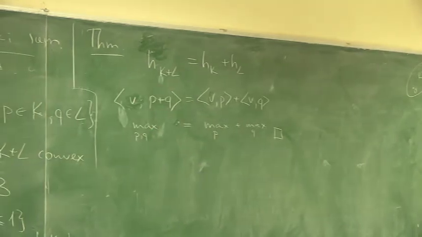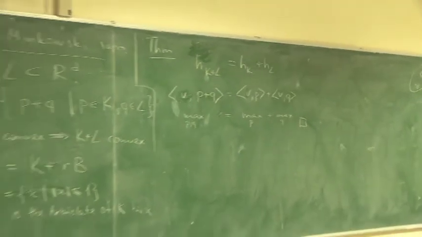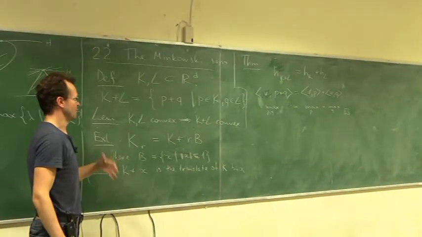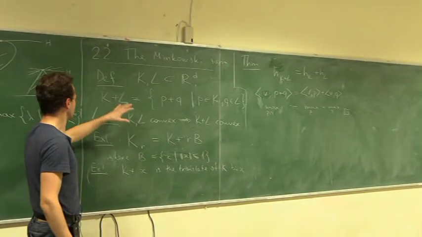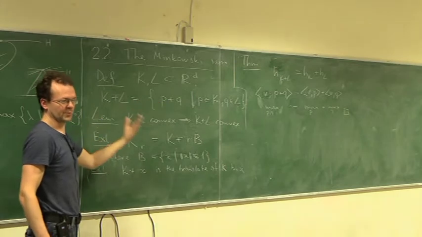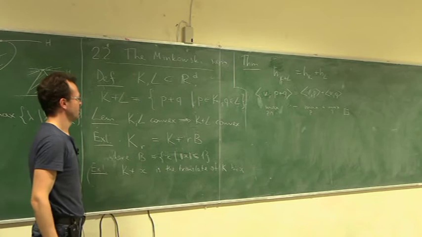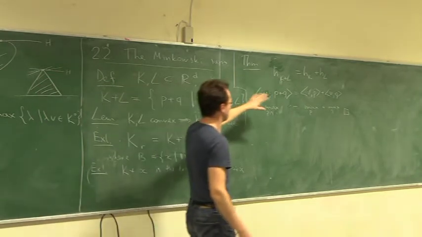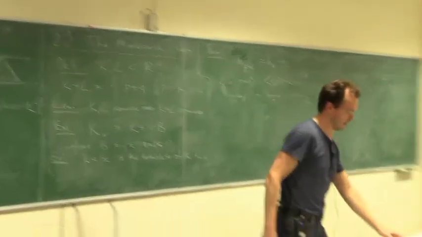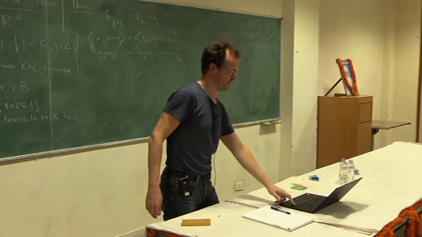So for this Minkowski sum, it seems that we can at some point forget about convex bodies and just speak about support functions, which are convex and homogeneous functions, and just speak about the sums of these functions. Okay.